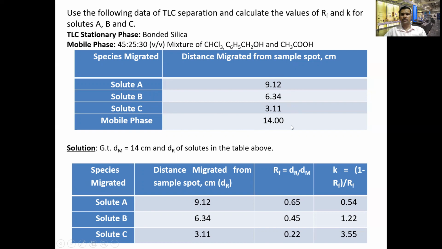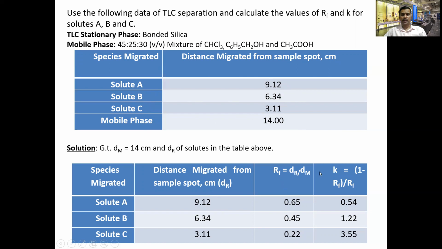So you have to calculate the RF value. What is RF? dr divided by dm. dm is the distance moved by the mobile phase. So these three values are dr for solute A, solute B, and solute C. This is going to be dm. You just substitute.